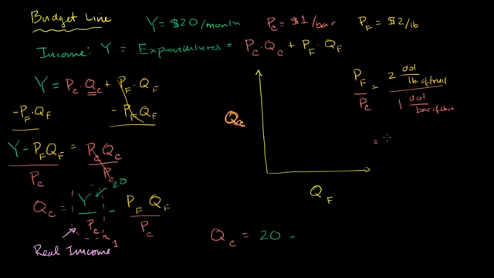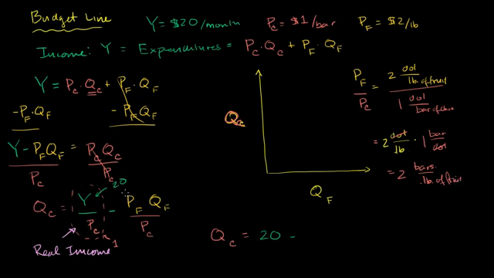So you could say $2 per pound times the reciprocal of 1, which is just 1, times 1 bar per dollar. And then the dollars cancel out, and you are left with 2 bars per pound of fruit.